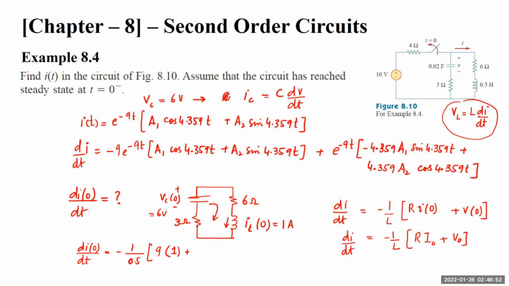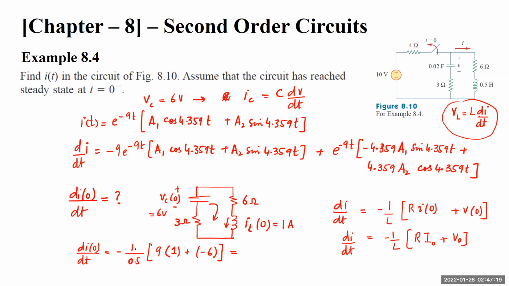Remember the voltage across the capacitor. The capacitor is charged to minus 6 volts. Since the current is moving out of the positive terminal, the voltage is taken as negative. So it comes as minus 6.